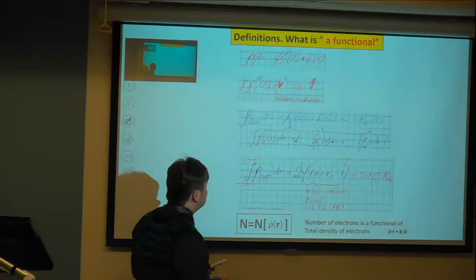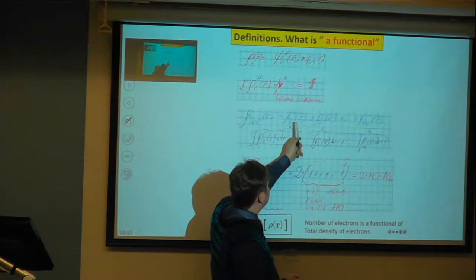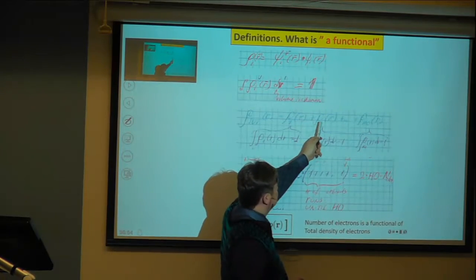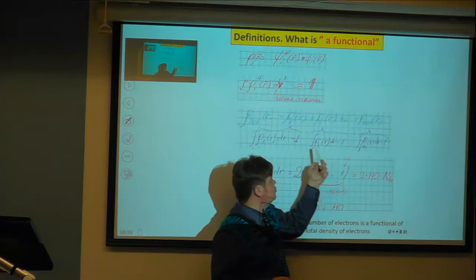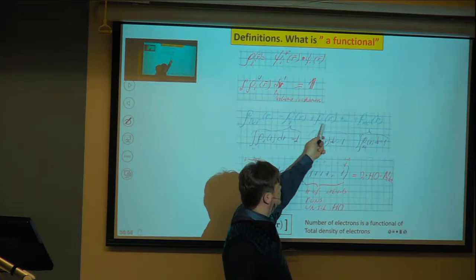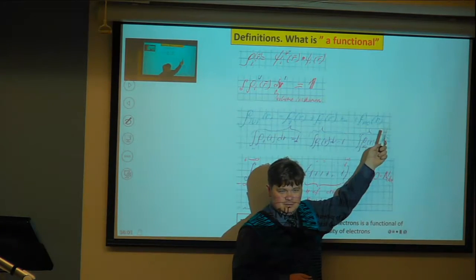Now, if you add together charge density for all occupied orbitals from first, second, up to HOMO, right?